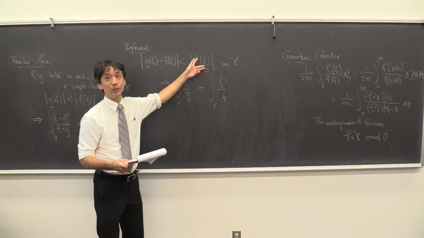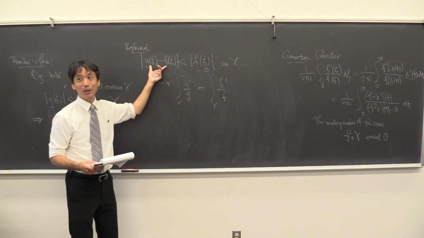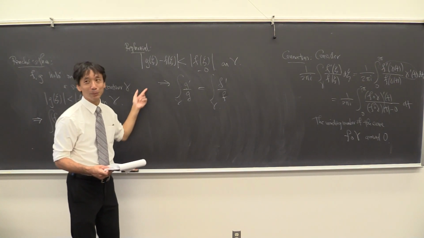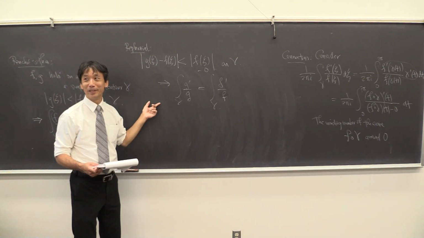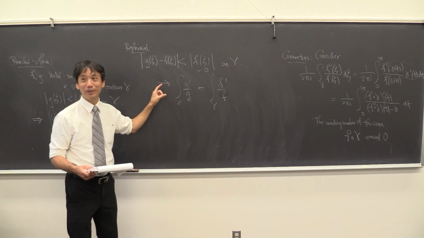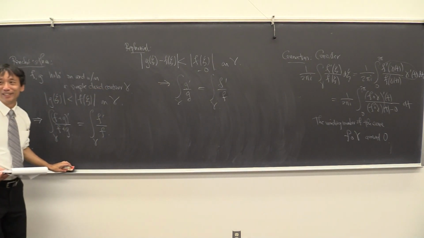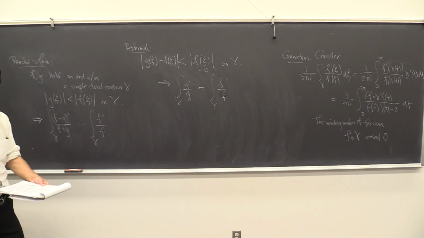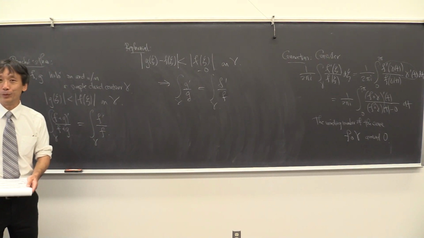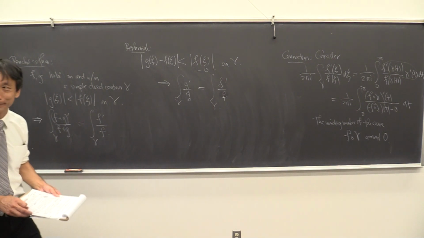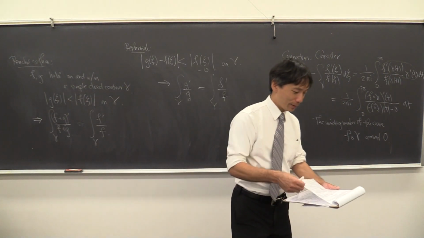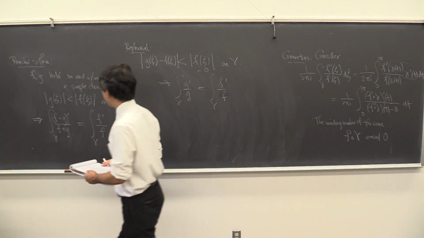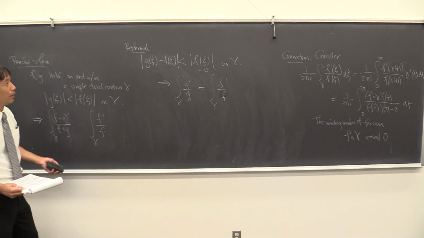So this is the distance to the tree, and this is the distance to the dog. If the owner walks n times around the tree, the dog must also walk n times around the tree, as long as the leash is short enough. That's the physical interpretation of Rouché's theorem.